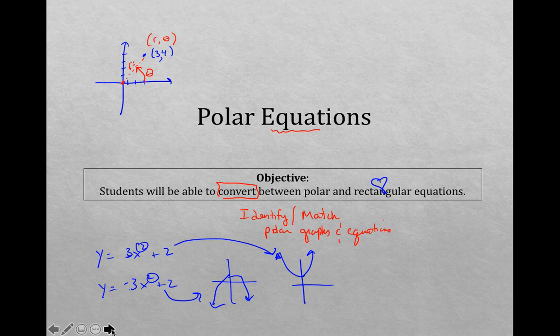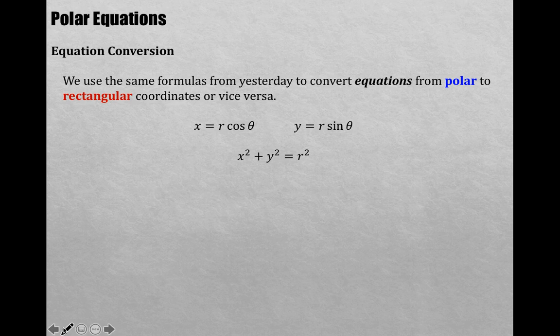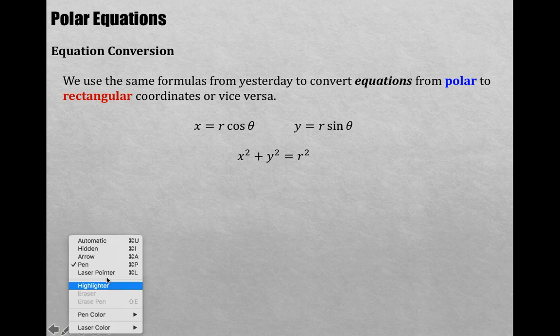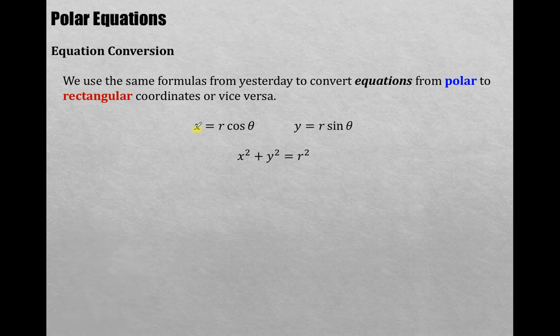So let's start reminding ourselves of the formulas from yesterday. Just from my unit circle, x is the same as the radius times the cosine of theta. Y is equal to the radius times sine of theta. And then the radius squared is just Pythagoras, or the radius would be the square root of x squared plus y squared.